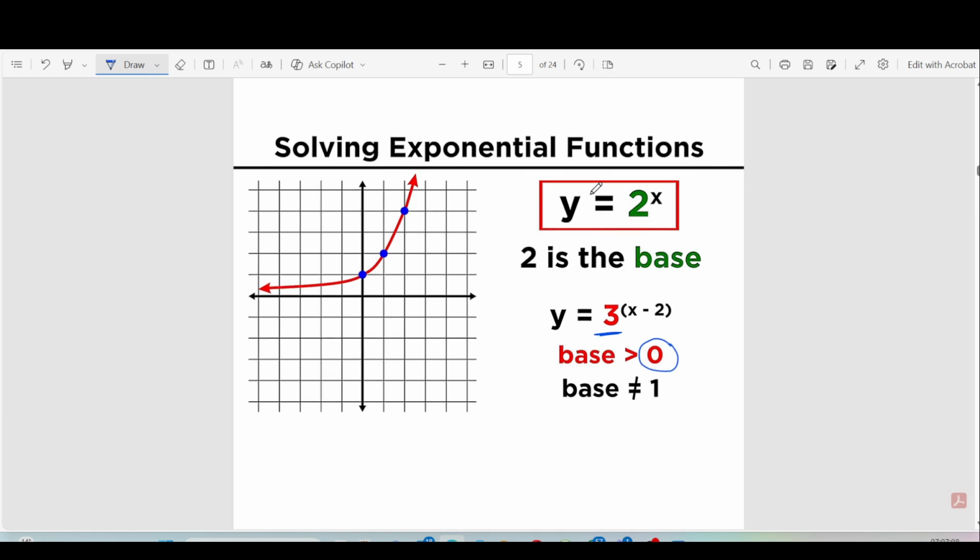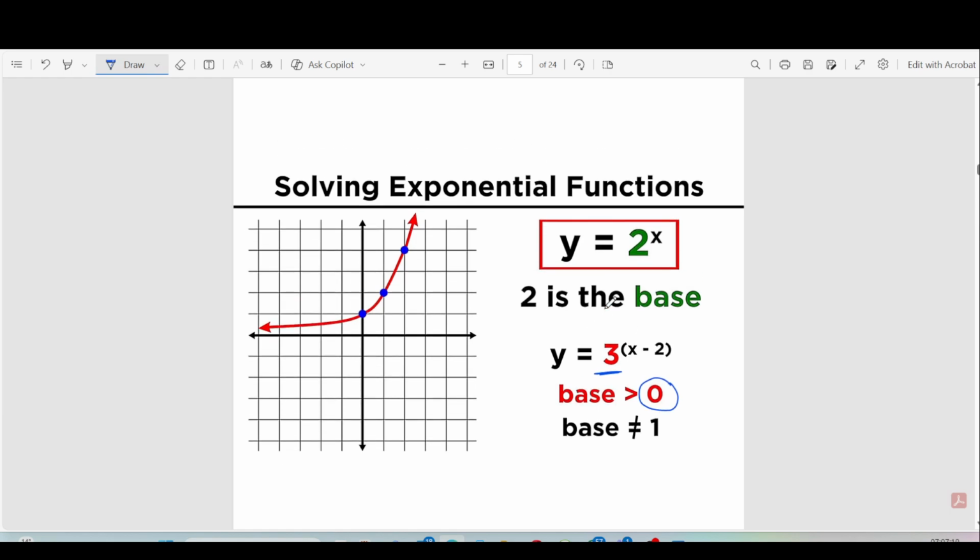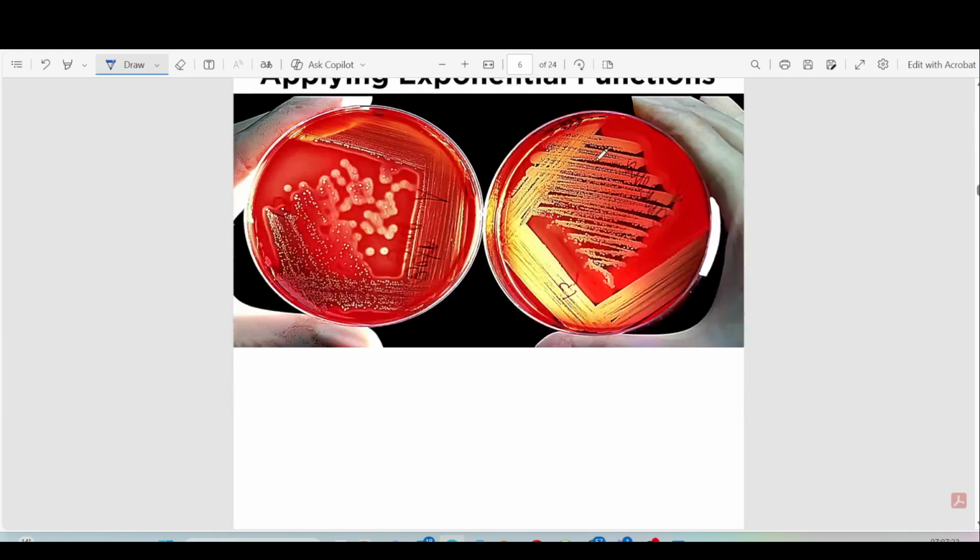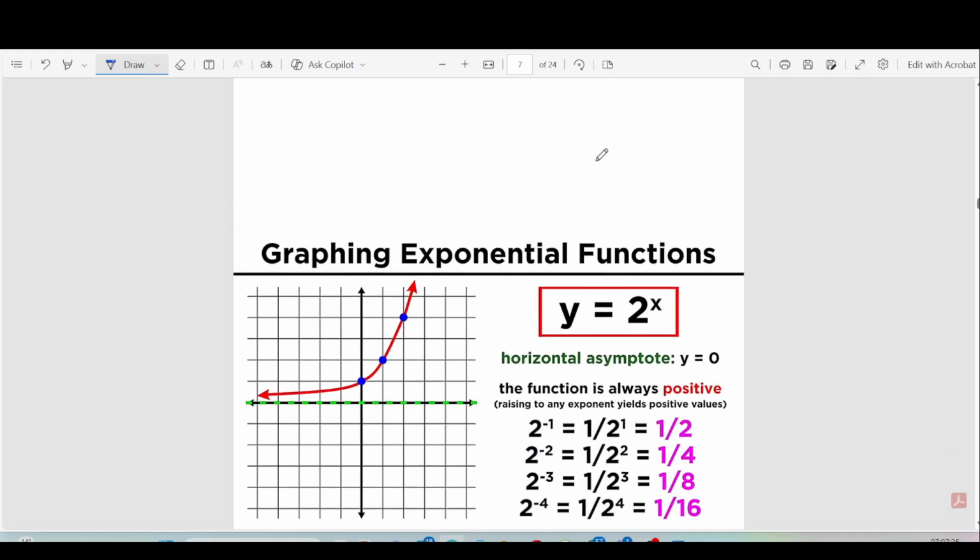Here in this case, the base is greater than 0 and not equal to 1. It should not be 0 to the power of something, not 0, but greater than 0.